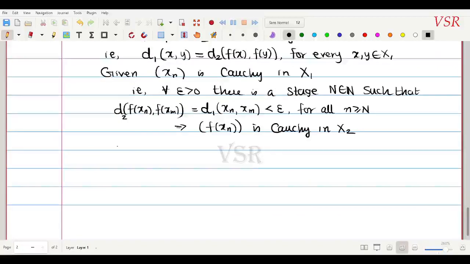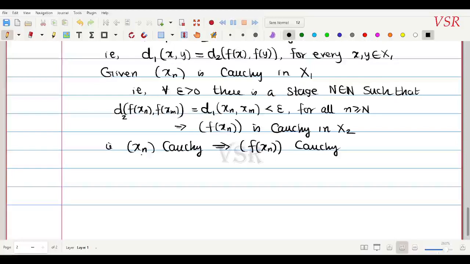Okay, that is xn Cauchy implies f of xn is Cauchy. Okay, similarly we can show. Similarly நான் என்ன பண்ணிக்கிறேன்? இந்த இடத்துலயும் இது true அப்படின்னு சொல்லிக்கிறேன்.